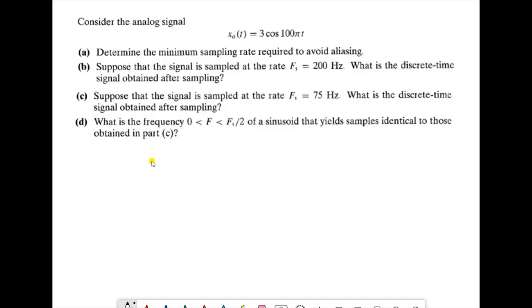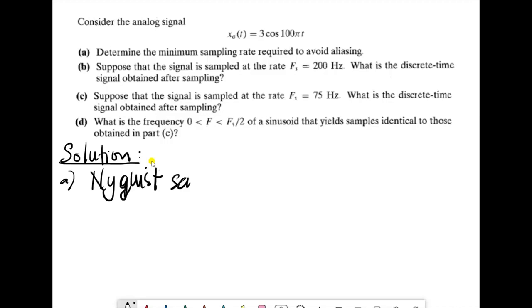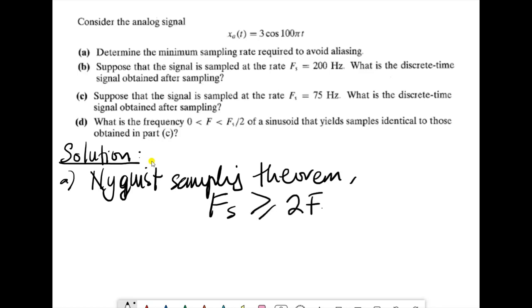So for A, solution: what is the minimum sampling rate required to avoid aliasing? To avoid aliasing, we need to know that the Nyquist sampling theorem says that the sampling rate Fs must be equal to or bigger than 2 Fmax.